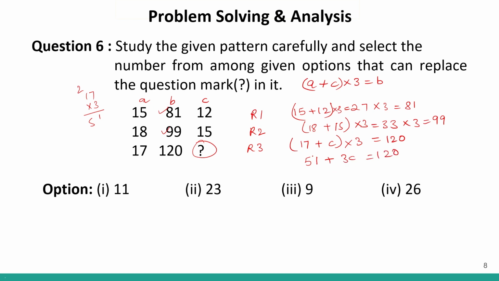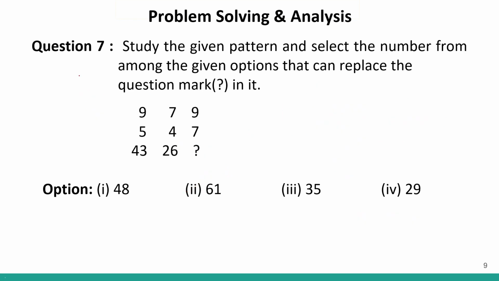Correct? Now, if I take this to that side, 3C will be equal to 120 minus 51. So 3C will be how much? This is 69. If I subtract 51 from 120, I'll get 69. So C will be 69 by 3, which is 23. So my correct answer will be 23, which is option number 2. So option number 2 is your correct answer. Okay?